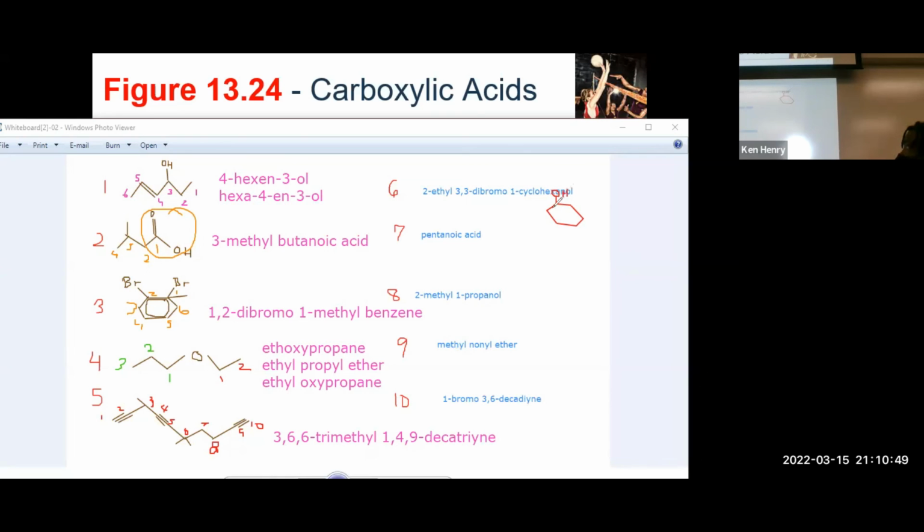Okay, so that's 1. So if this is 2, what's on the second carbon? So that's 1, 2. So that's my branch. And then on the third carbon, a branch. 2 branches with bromine.